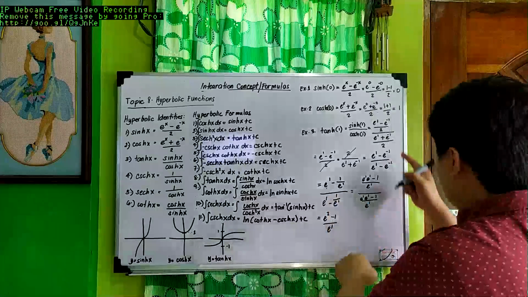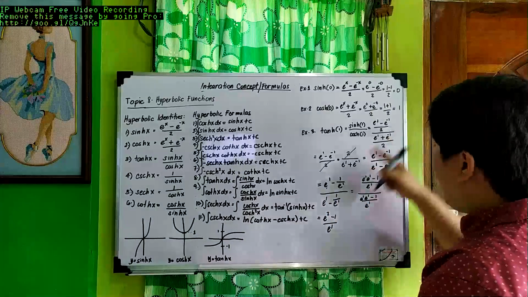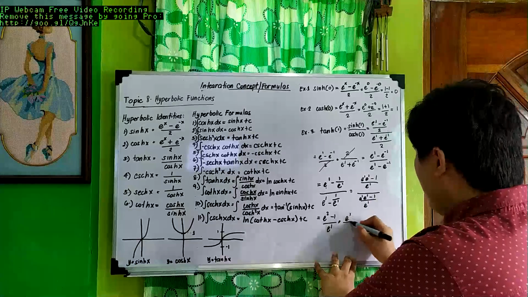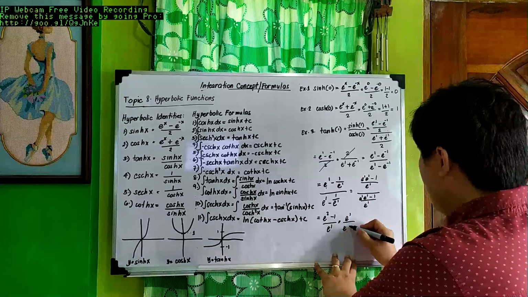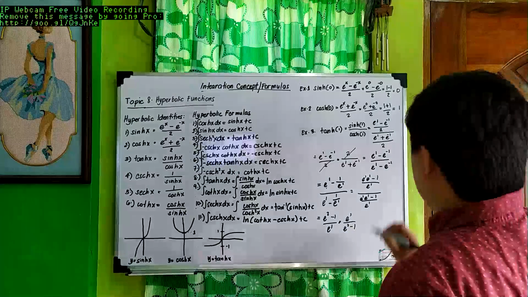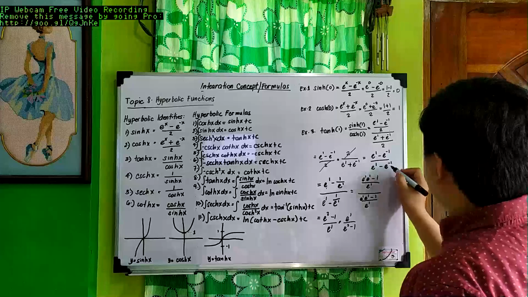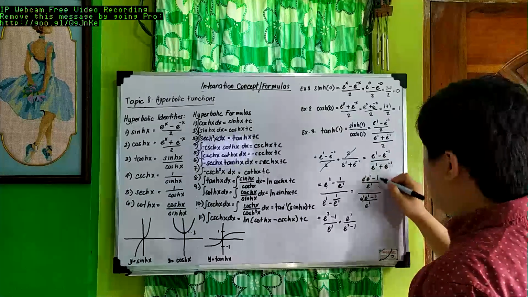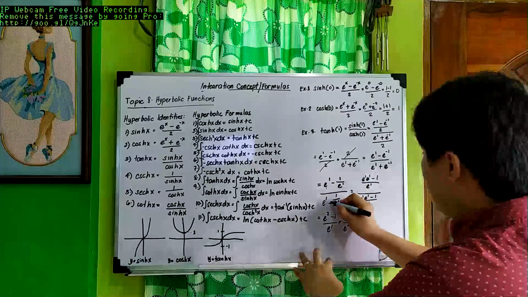And we could do the same as what we do here. So e raised to the power of 1 over e squared minus 1. Okay? So this is actually plus. So this is also plus.